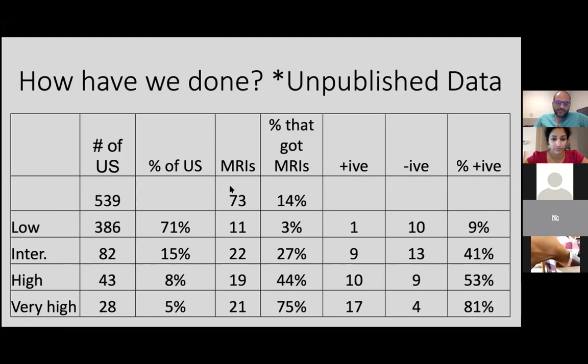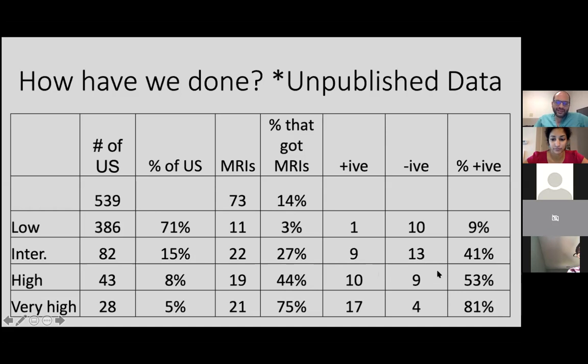When you look at the MRIs, we've done 73 ferumoxytol MRIs within this patient population, overall 14%. But you can see that the clinicians are sending patients for MRI based off of the risk: the higher risk they have, the higher chance that they're getting the MRI.